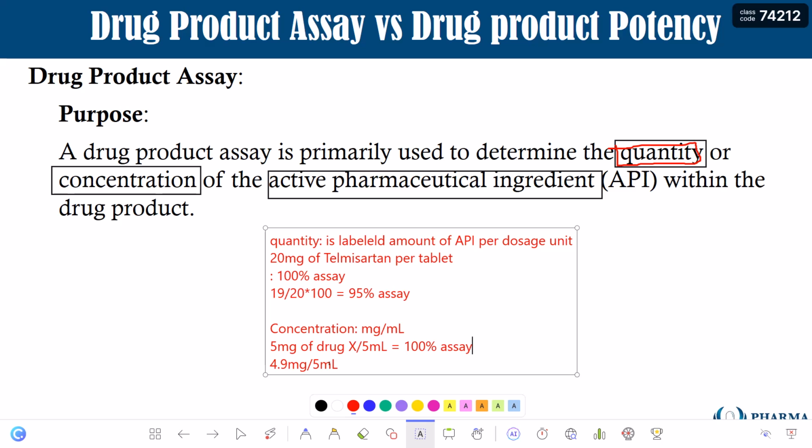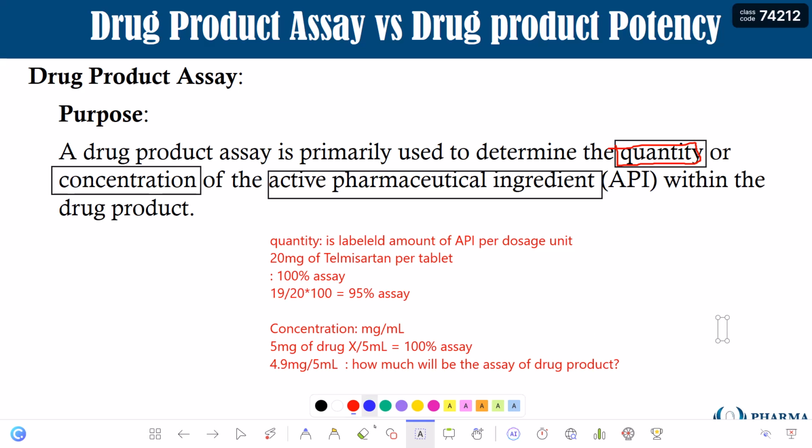But in case the drug substance X is found to be 4.9, how much will be the assay of the drug product? Can you calculate that? So please calculate and put the value into the comment box. The drug product assay in case of 4.9 mg per 5 ml, where the 5 mg per 5 ml is the actual labeled concentration or the label content of the drug substance.